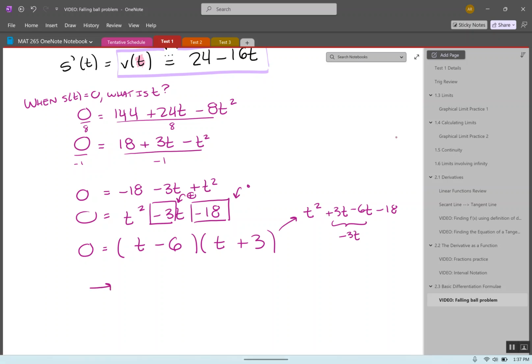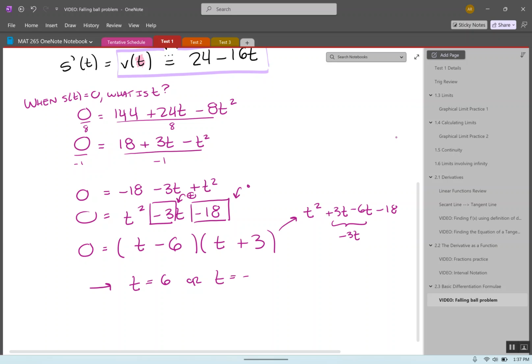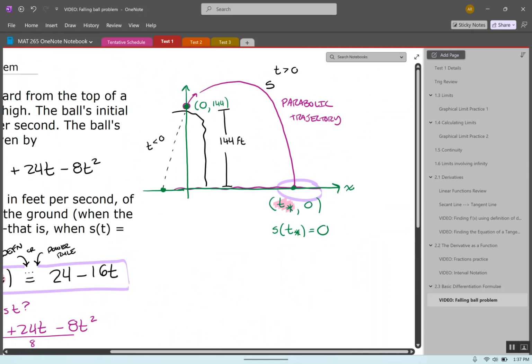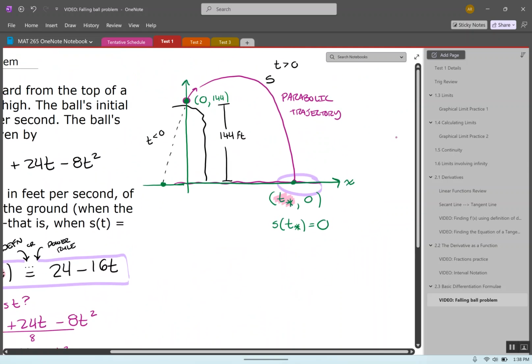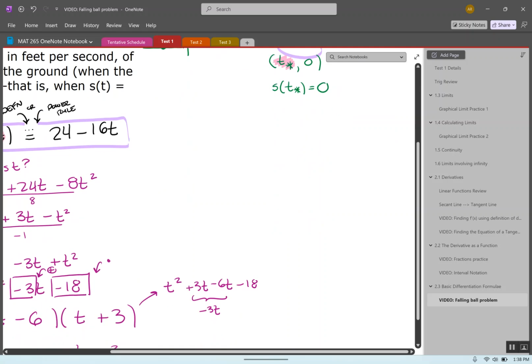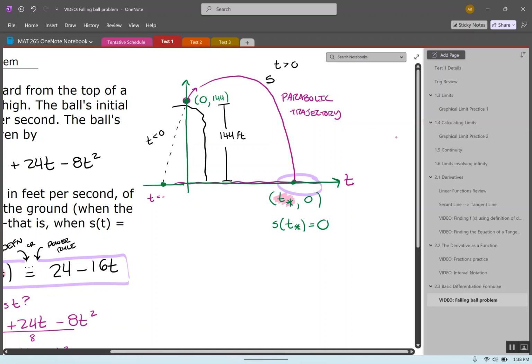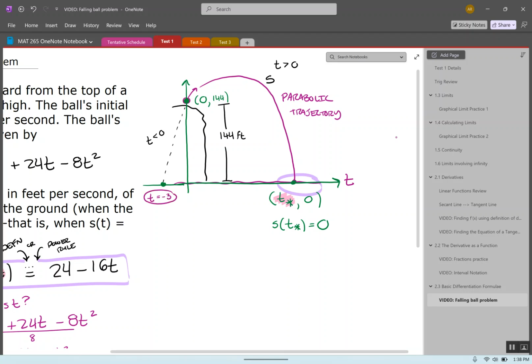Okay, so this tells me that for the right-hand side to equal 0, either t is 6 or t is -3. So if we go back to our picture, our graph, maybe I can relabel this. Instead of having the x-axis, this is our t-axis, the time axis. So we said 6 or -3. So right here, this is -3. That's my first x-intercept. And this one is when t equals 6.